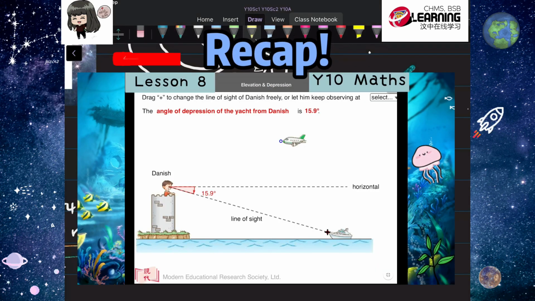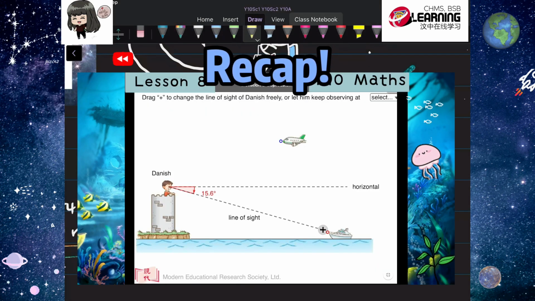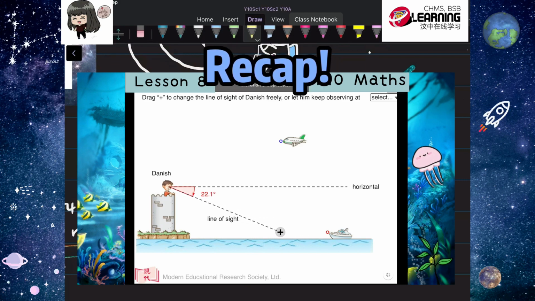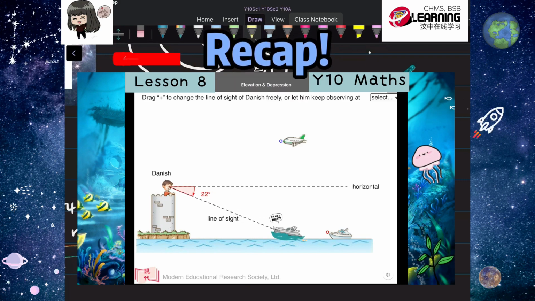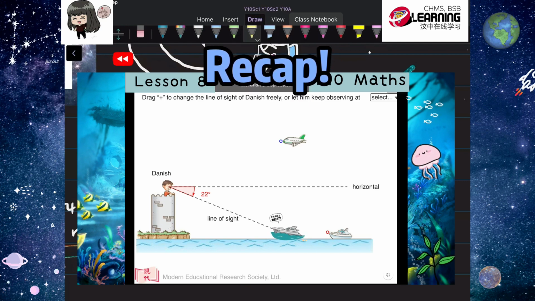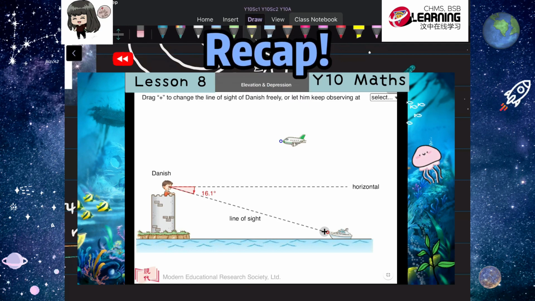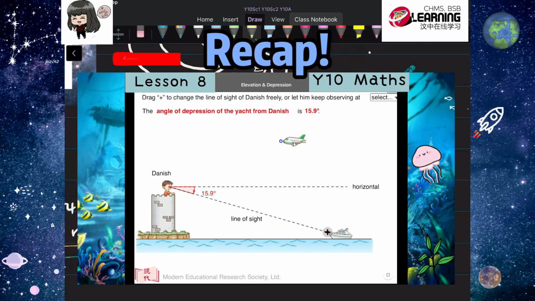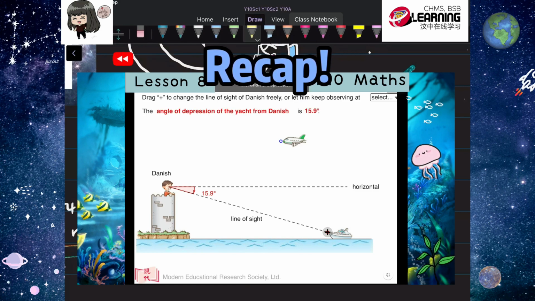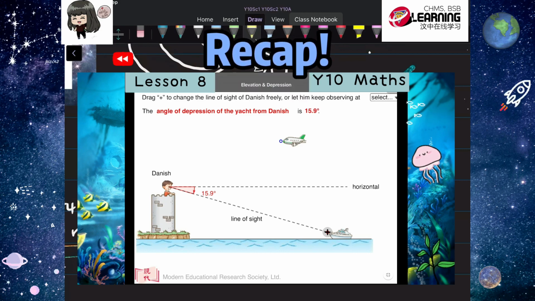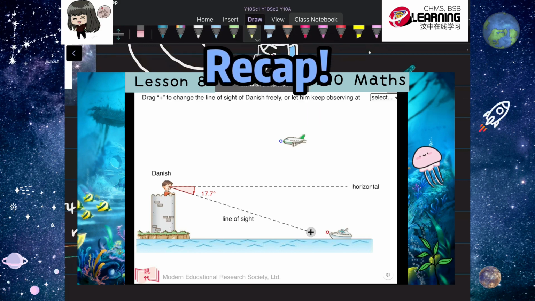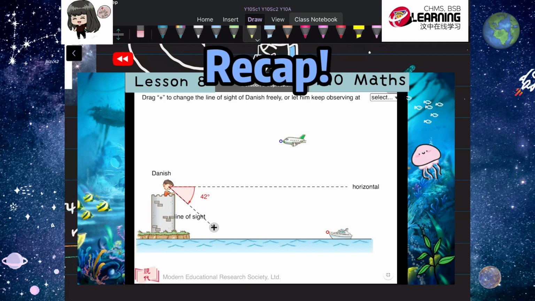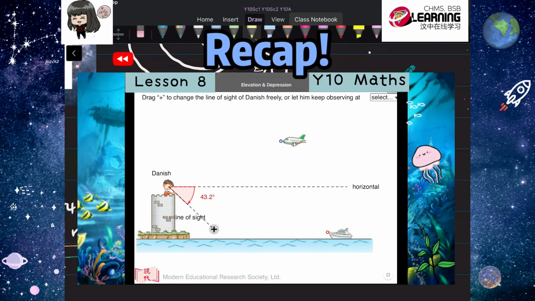If I move the yard all the way to the front here, the angle is different. Compare the angle if I put it over here, 15.9 degrees, the angle of depression of the yard from that niche, which is further away. If it's getting nearer and nearer to that niche, the angle becomes larger, right?